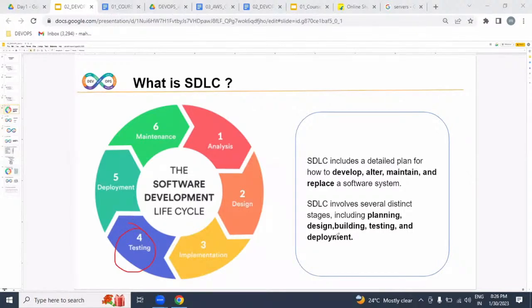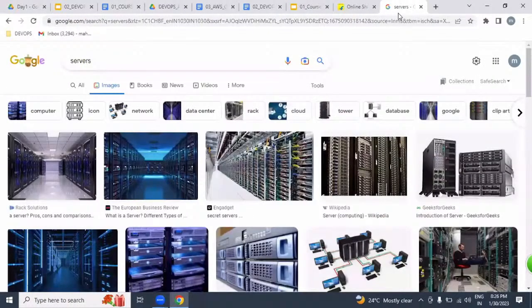These are all the infrastructure required for maintaining and deploying our application by using the DevOps process. By using the DevOps process, we are deploying and maintaining our applications. For that, we require infrastructure.